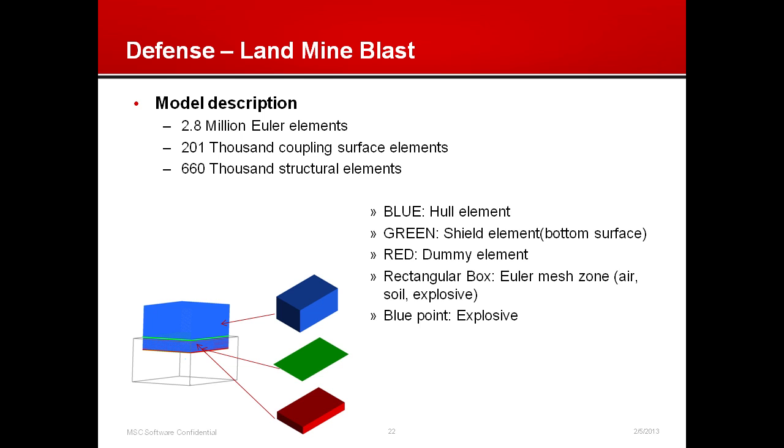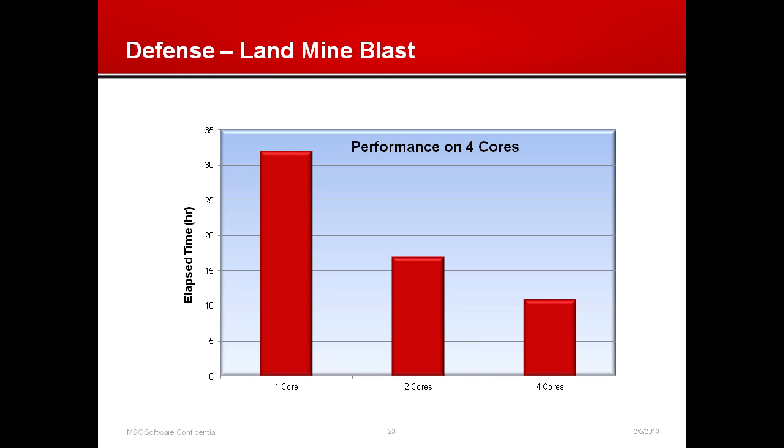Another application was from the defense industry. This is a landmine blast application. The model had 2.8 million Eulerian elements and 660,000 structural elements. The customer ran this job up to 4 processors. On the serial processor, it took 31 hours to complete the job.